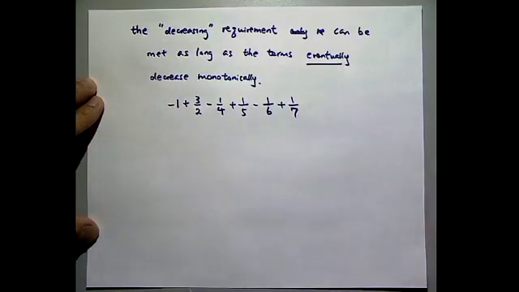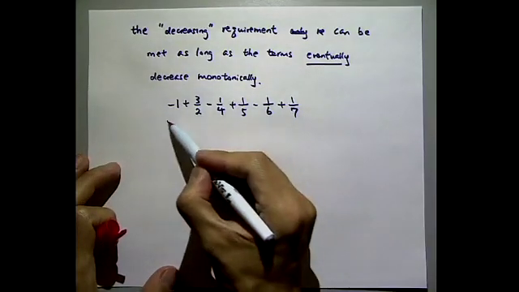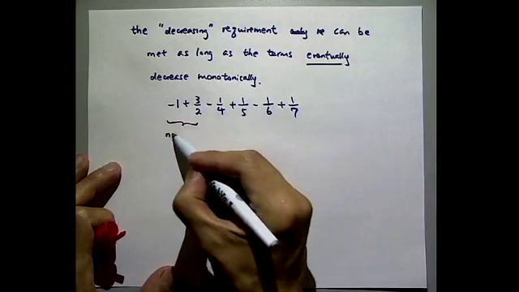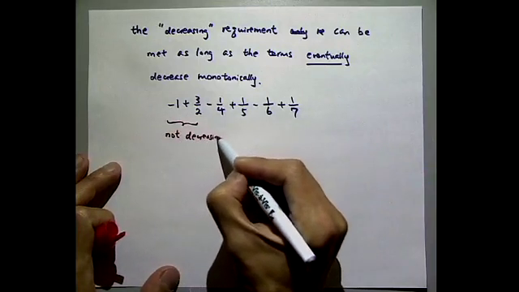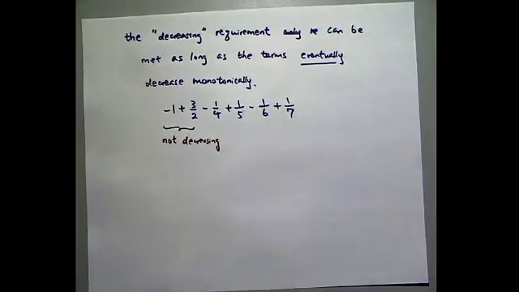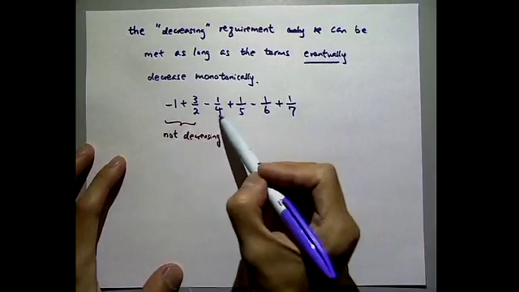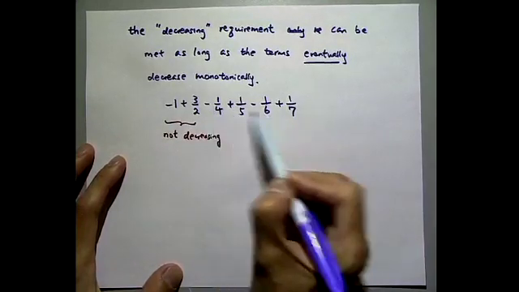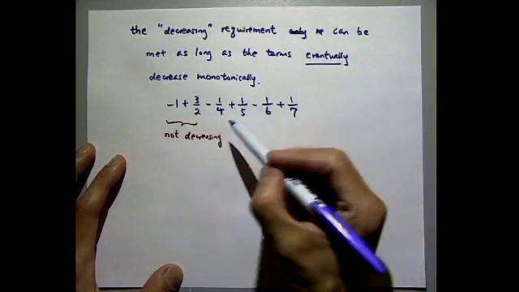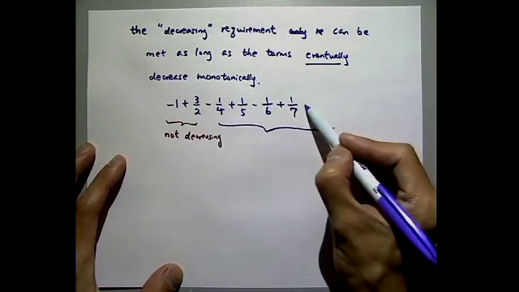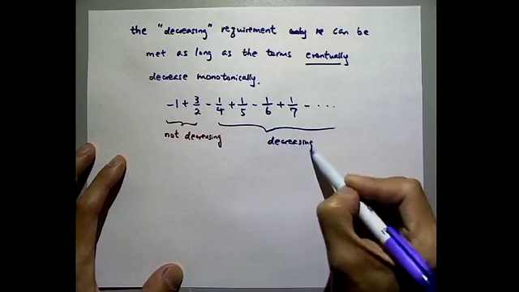if I have this series right here, notice that, again, just looking at the magnitude, ignoring the plus and minus, everything from this point on the terms are decreasing.